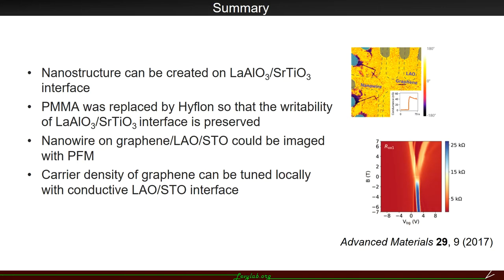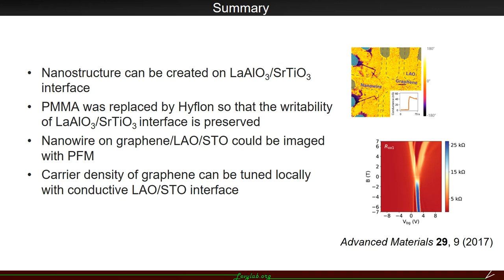For a short summary, we can write nanostructures at the LaAlO3/SrTiO3 interface. And we use Hyflon to replace PMMA so that the writability of the interface is preserved. The nanostructures we wrote can be imaged by piezoelectric force microscopy.